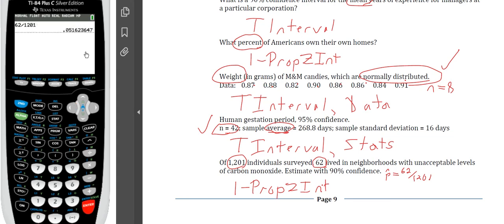And we get about 5%, so 5.16%, or 0.0516. Now to check that, we're going to do 1,201 times 0.0516 times 1 minus 0.0516.